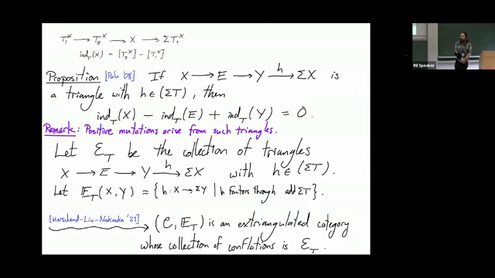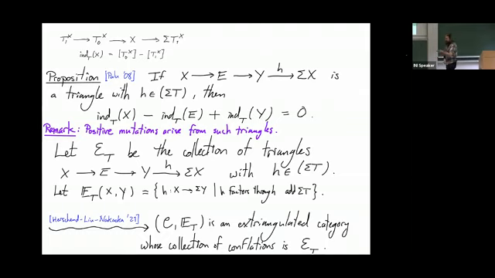So that's a more general structure than a structure of triangulated category. If you're not familiar with extriangulated categories, I really encourage you to go and look at Y. Palu's lectures from last week's workshop. Okay, so we started with a triangulated category.